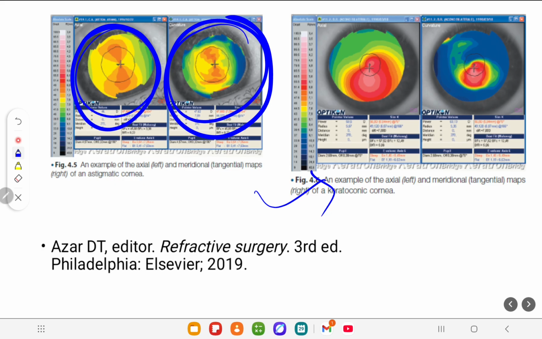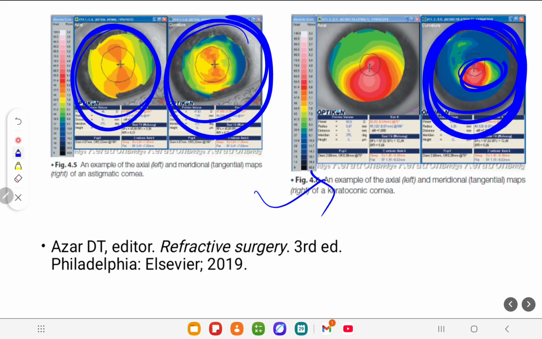I have seen, like, thousands of cases. It's always there. I always love to show my students these things. See, this is the case. If you look at the tangential, it's like a focal point in a small area, isn't it?